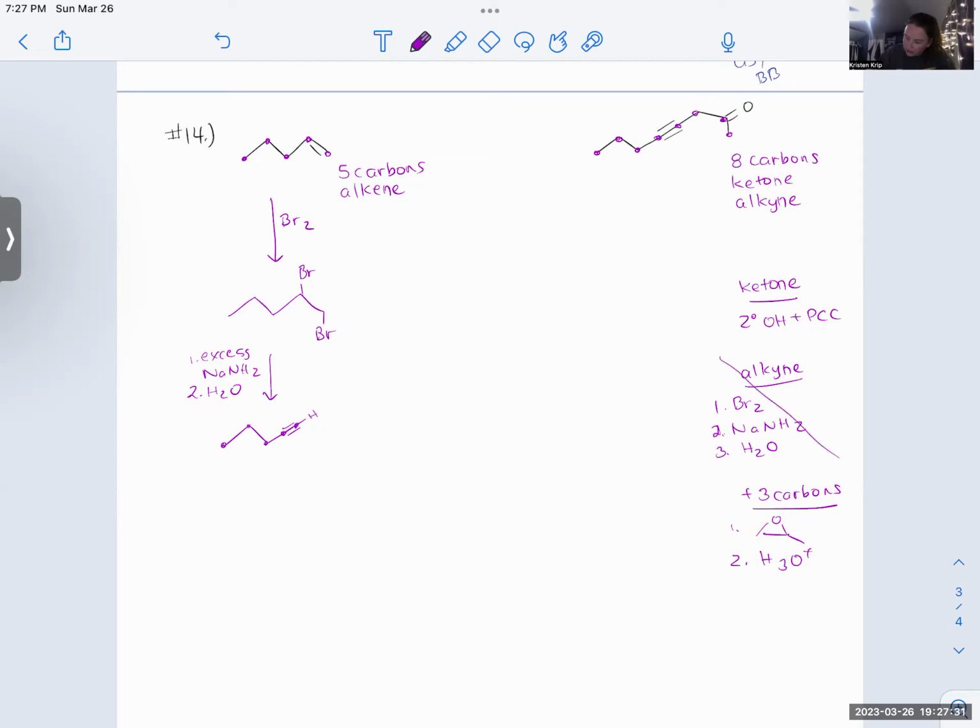So we did this. We kind of have to add the alcohol group before changing it into a ketone. So let's go ahead and do our epoxide. We have to do that NaNH2 first to get rid of that hydrogen. So let's do that. Now we can add our epoxide and reprotonate.